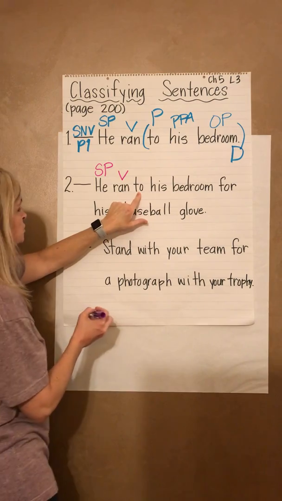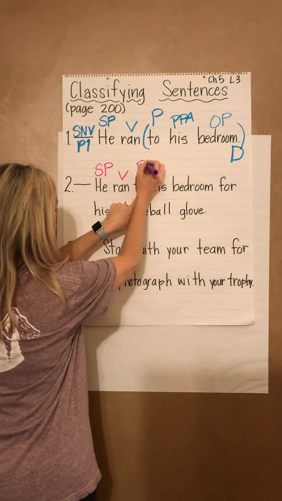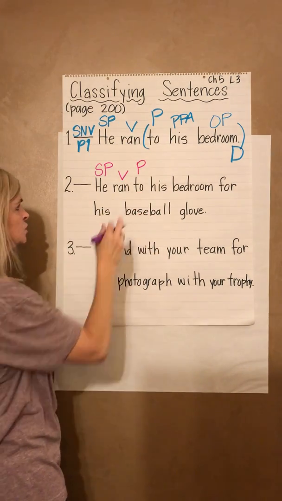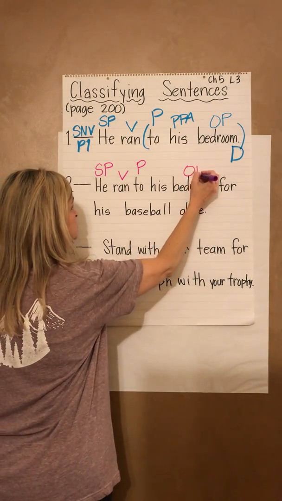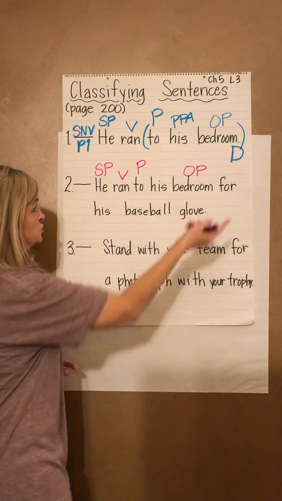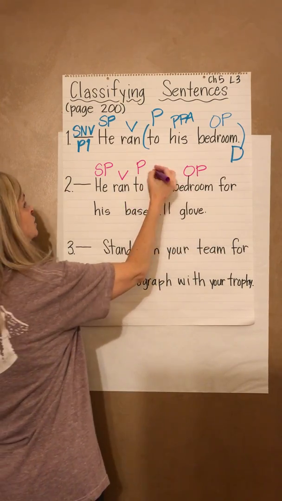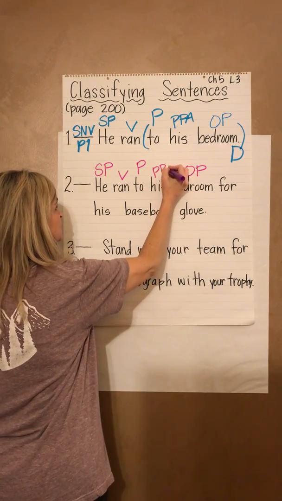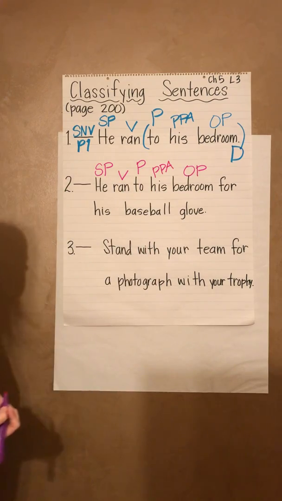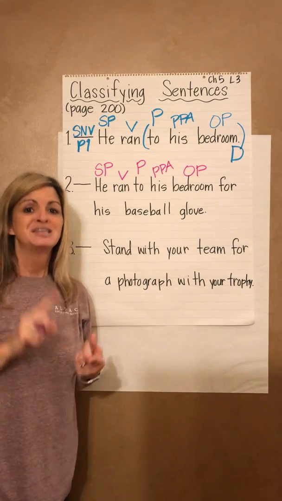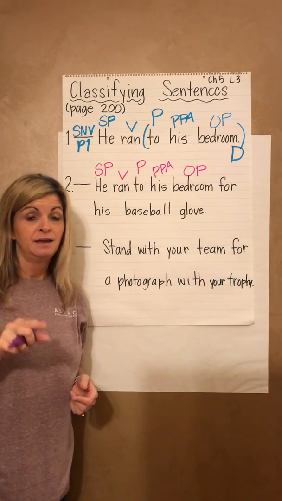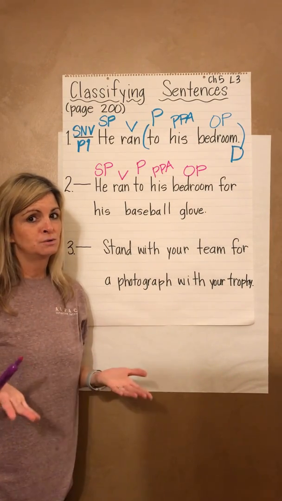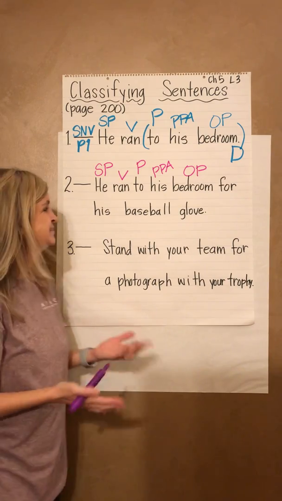So we would say to, preposition, label it with a capital P. To what? Bedroom, object of the preposition. Whose bedroom? His. Possessive pronoun adjective. And yes, you have to say possessive pronoun adjective. You can't just say PPA, at least not yet, because you still don't remember what PPA means, right?